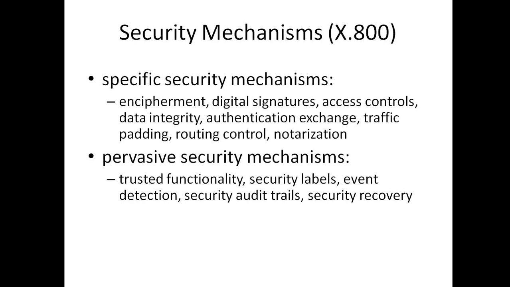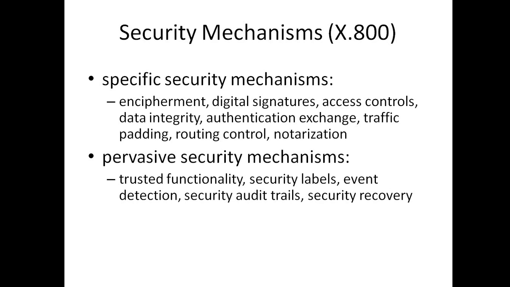Specific security mechanisms can be incorporated into any appropriate protocol layer in order to provide some of the OSI security services. So using the OSI model, we can incorporate these security mechanisms in any kind of layers, any kind of protocols. For example, the TCP protocol also will use digital signature or access controls or data integrity.